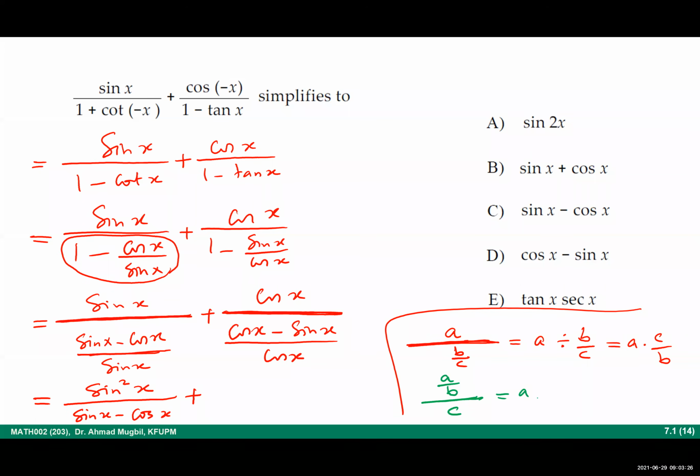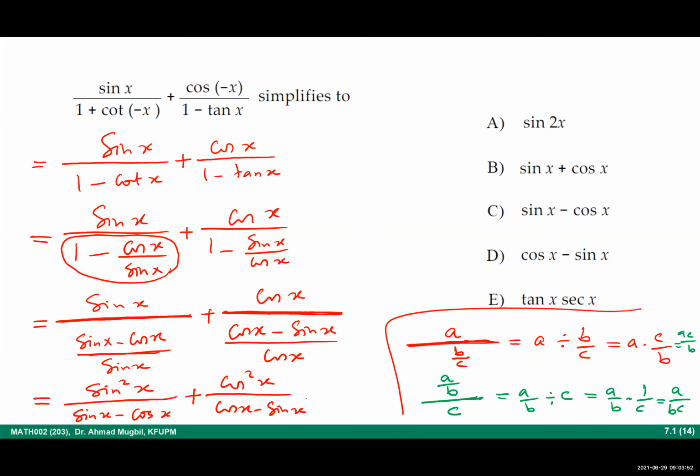This will be A over B divided by C, which is A over B multiplied by 1 over C. So it will be A over BC, while here it is AC over B. So you need to be careful which one is the main fraction part. So this will be cosine squared x over cosine x minus sine x.